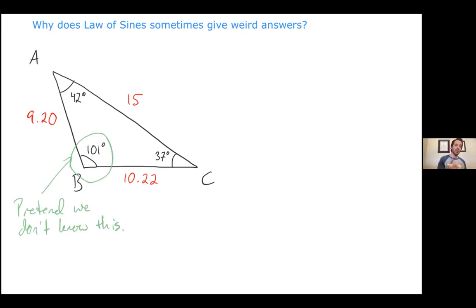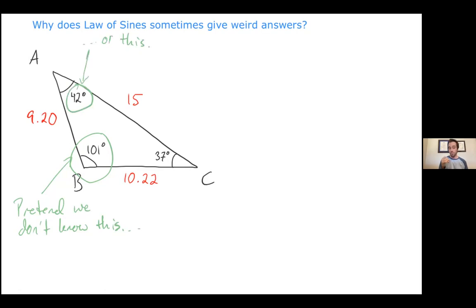And I'm also going to say, pretend that we don't know this angle either. Because if we knew two angles, then we'd be able to just add them up and subtract from 180 to get the third angle. So I'm going to say that that sort of solution here is going to be off limits.